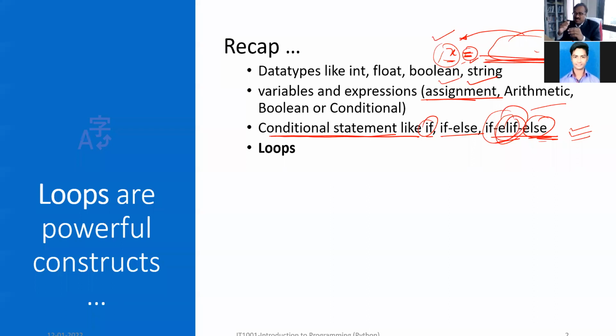Then the execution will jump to the code block followed by the condition which is true. So depending upon the outcome of the conditional expression that we use, right?